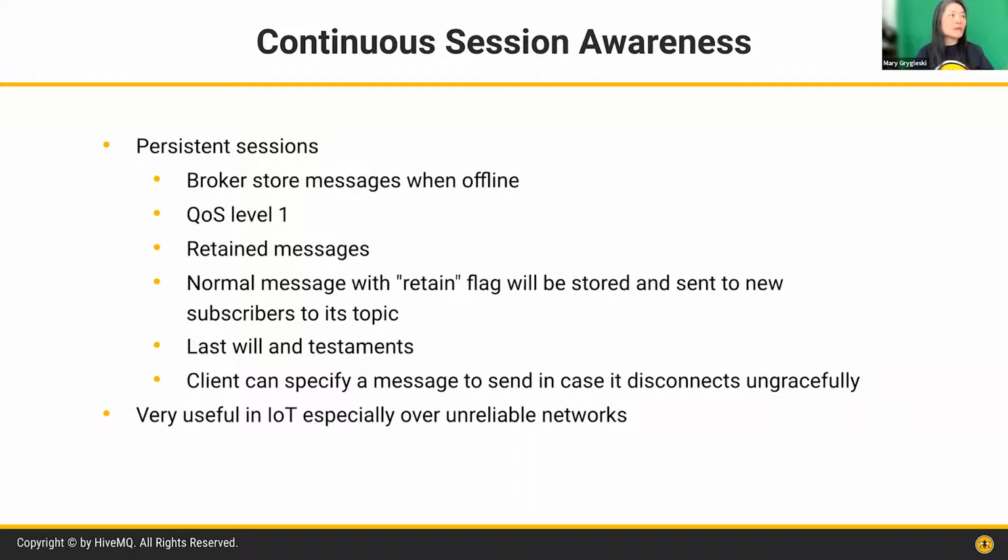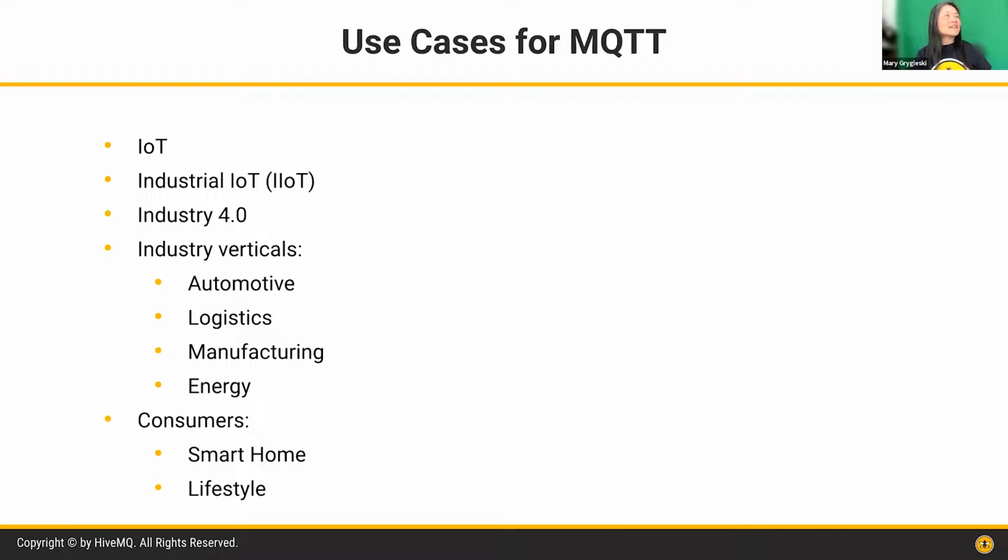The QoS levels, retained messages, and last will and testament help to guarantee your delivery so your messages won't be lost. It's therefore very useful in IoT, especially over unreliable networks. You lose your connection and you may lose your messages, but fear not, the broker is there to assist you. Okay, so now let's talk quickly about use cases for MQTT.